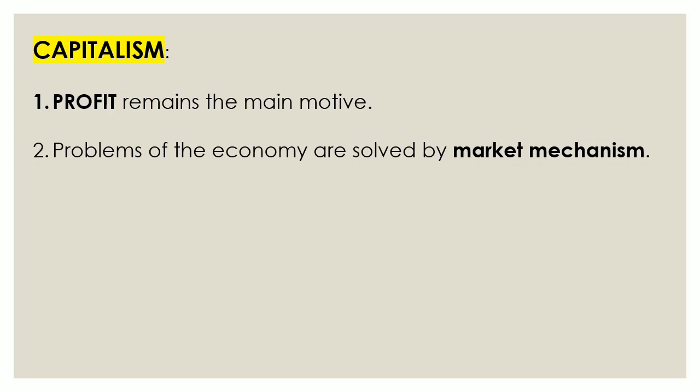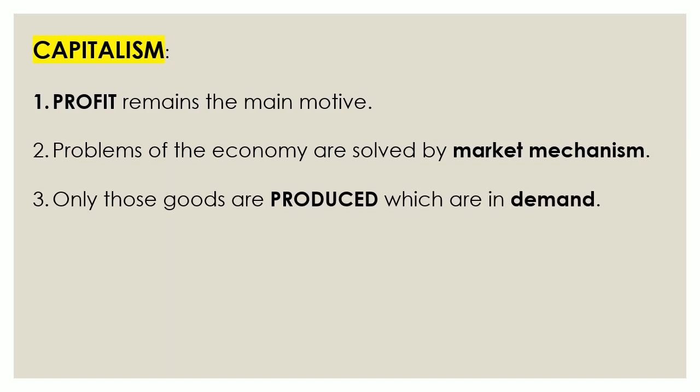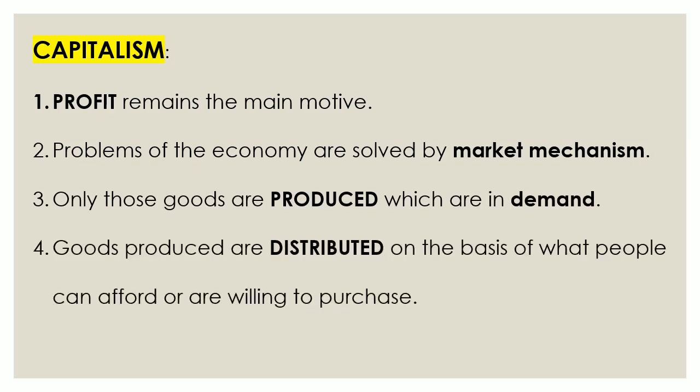Under this type of economy, only those goods are produced which are in demand, and the goods produced are distributed among the people not on the basis of what they need, but on the basis of what people can afford or are willing to purchase. And the major drawback in this type of economy is that helpless or poor persons cannot get things due to their inability to buy.